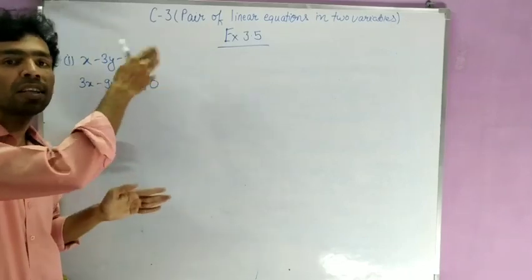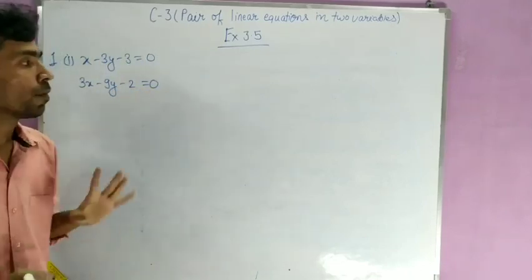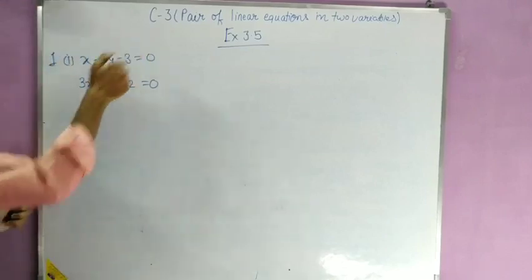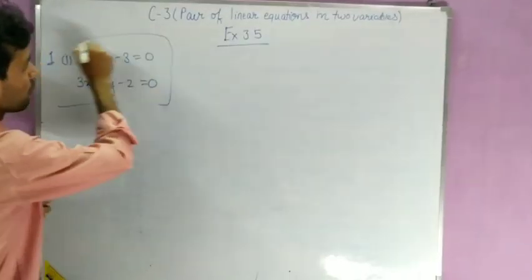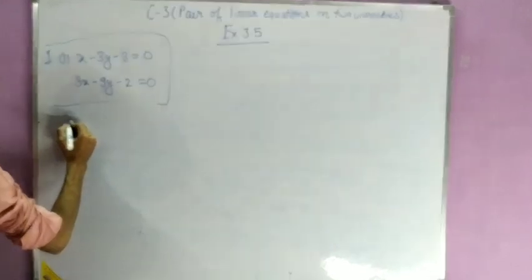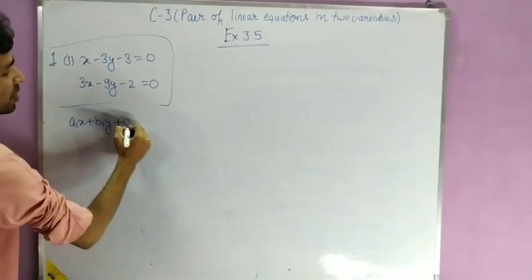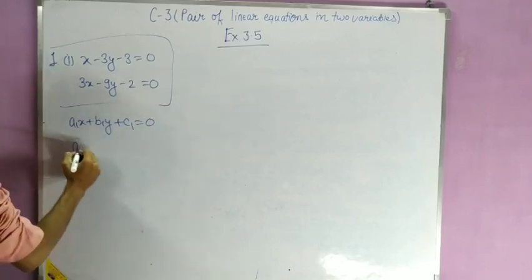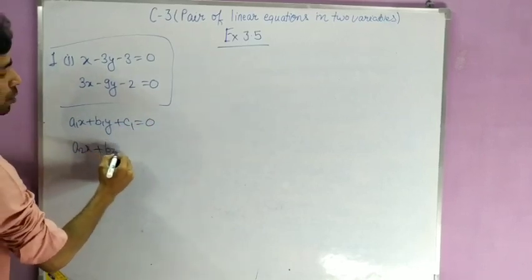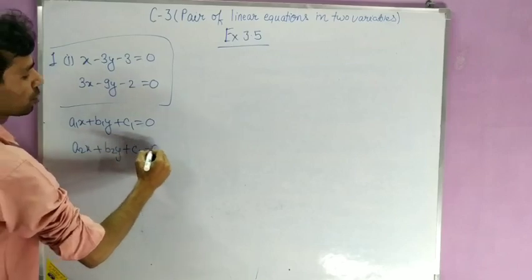So we have to compare these two equations with the general form a1x plus b1y plus c1 equal to 0, and a2x plus b2y plus c2 equal to 0.